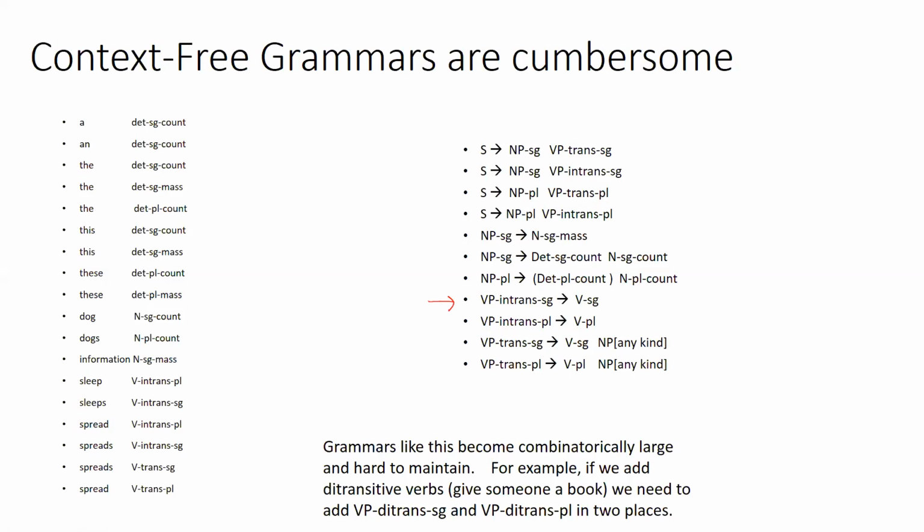Yes. Okay, so you can see that because sleep is intransitive, it's going to be used in a rule that says, my tablet just crashed. Okay, it's going to be used in a rule that says VP intransitive singular goes to V singular.